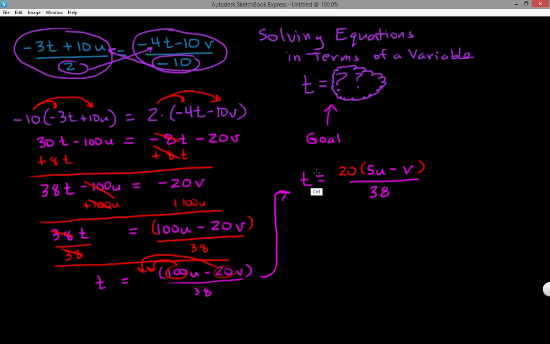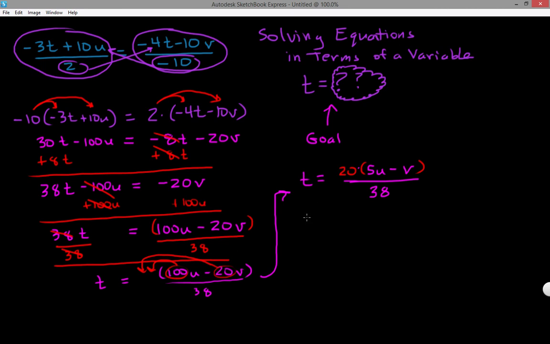So let me unbox that. I can see up top 20 times all of that, and then of course all of that is divided by 38. Since I'm multiplying by 20 and I'm dividing by 38, what I can do is cancel, reduce those. I can see that 2 goes into both of those.